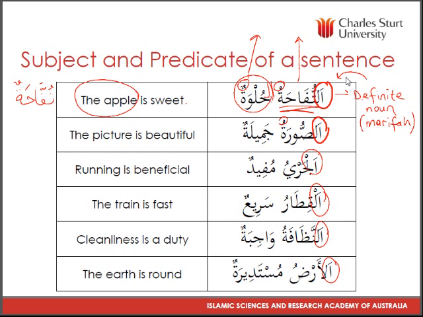An indefinite noun that comes to give information about the subject is khabar, the predicate. How do you say apples are sweet? In that sense, you should use the plural form of this one. You mean that? Yes? And indefinite. Any apple is sweet. Yeah. For example, yeah.